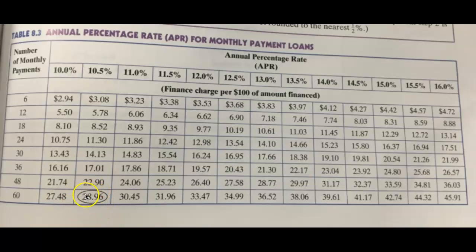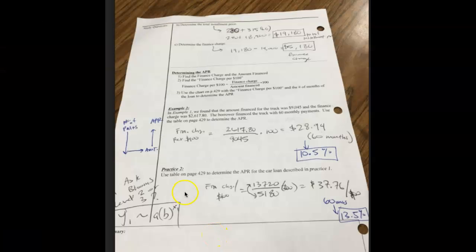The closest thing I can find is $28.96. I slide up and I see that this represents a 10.5% APR. Pretty expensive, at least in this scenario.